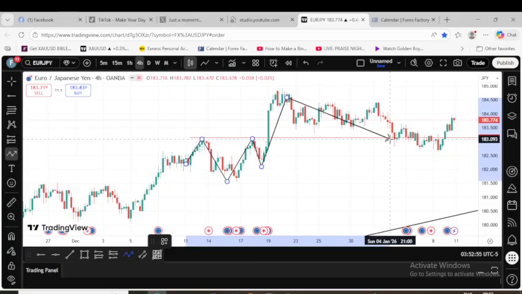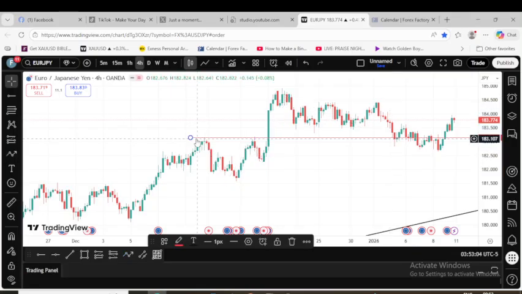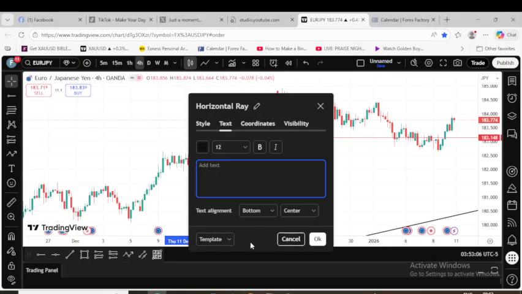Then after that, yeah, the zone is still valid. Price stands still around it a bit, but the zone still remains valid. This is our daily zone.